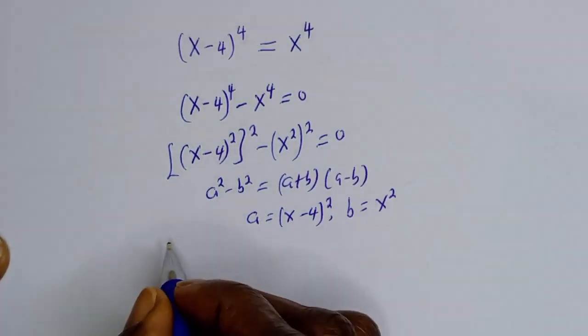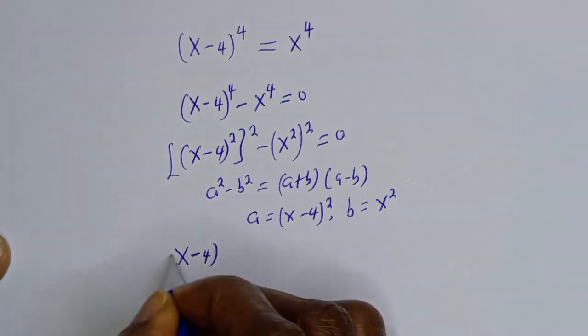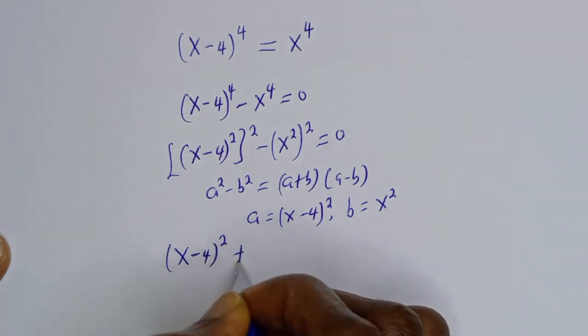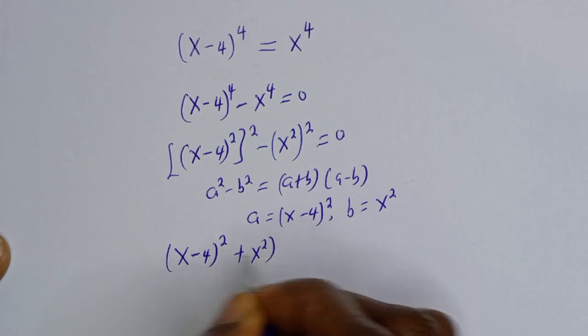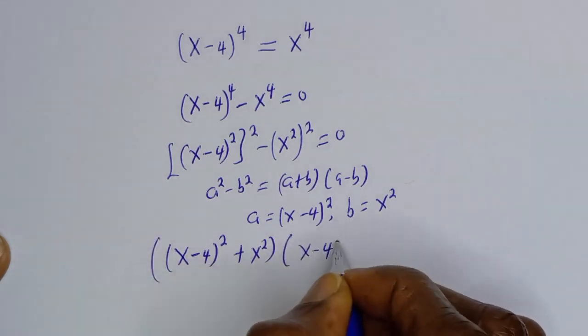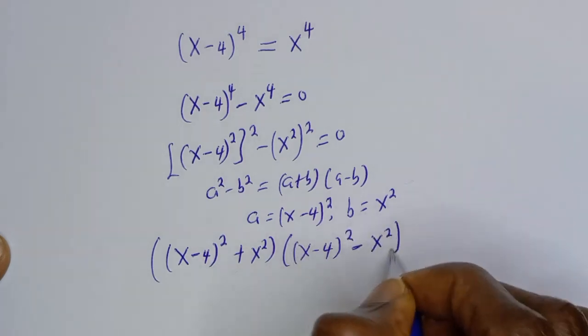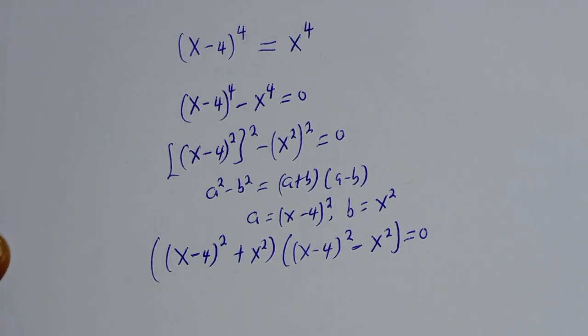Let's substitute. This is ((s − 4)^2 + s^2)((s − 4)^2 − s^2) is equal to 0.